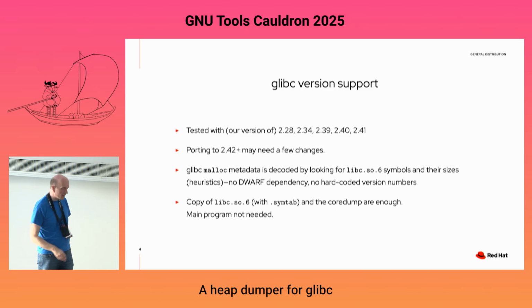And the advantage of doing it this way is that once you have a copy of libc.so.6, which in our case has a symtab in it exactly for tools like this, and the coredump, then you're good to go. You don't need the full debug info. You don't need the main program. So that is also kind of interesting for us.